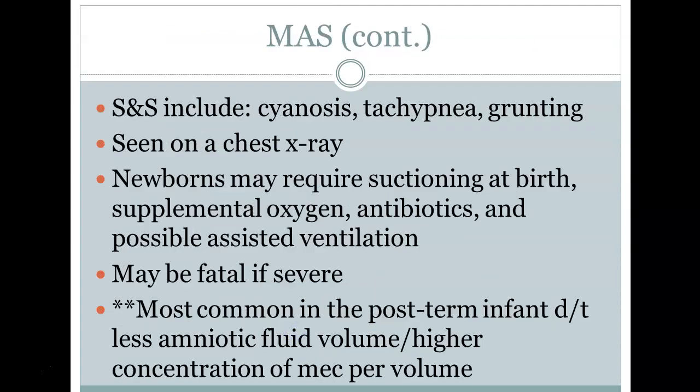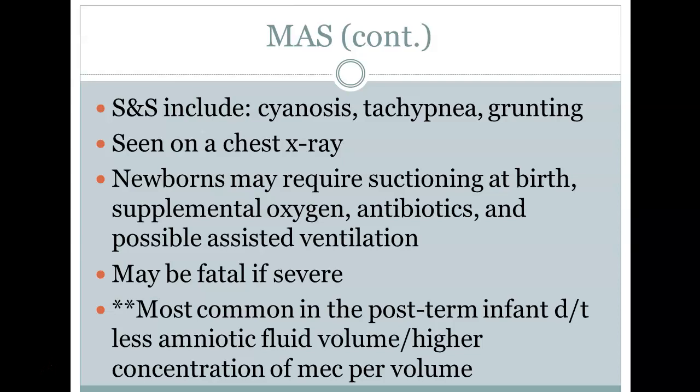Signs and symptoms of meconium aspiration syndrome are cyanosis, tachypnea, or grunting in the newborn. You can see this aspiration on chest x-ray. Newborns may require suctioning at birth, supplemental oxygen, antibiotics, and sometimes assisted ventilation if they're really having difficulty breathing. It can be fatal if it's severe enough.